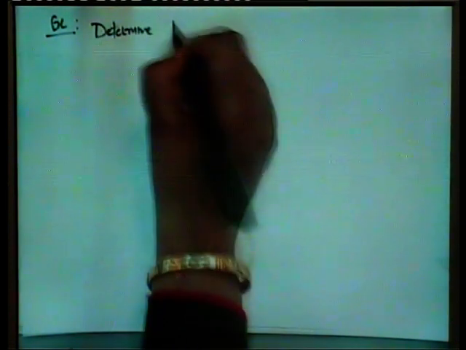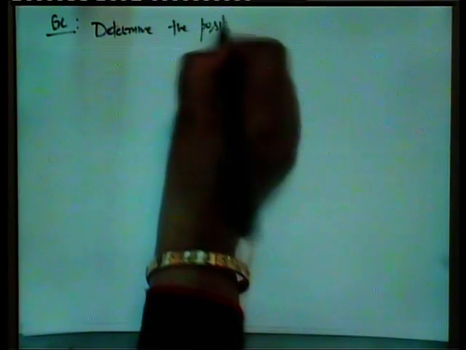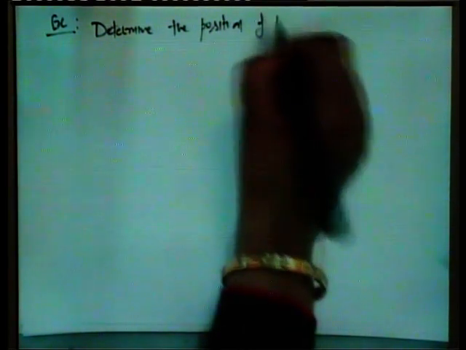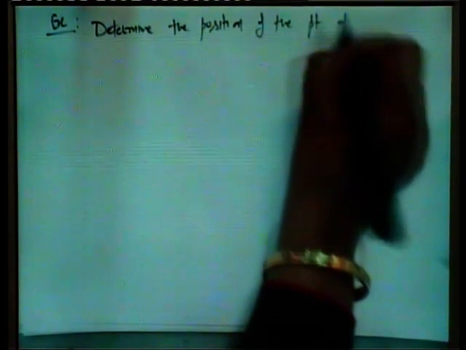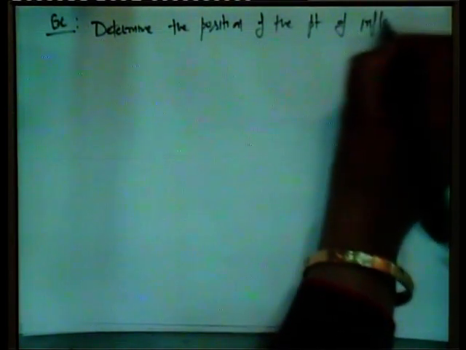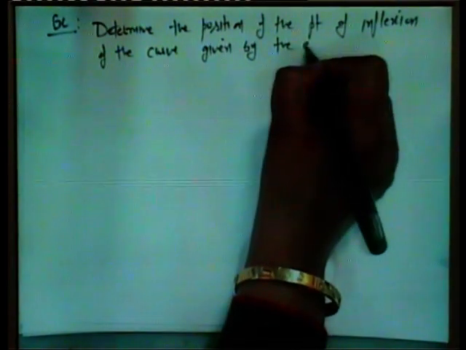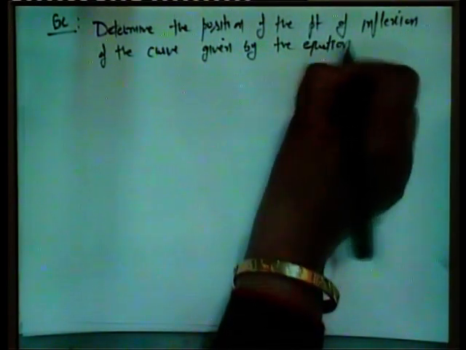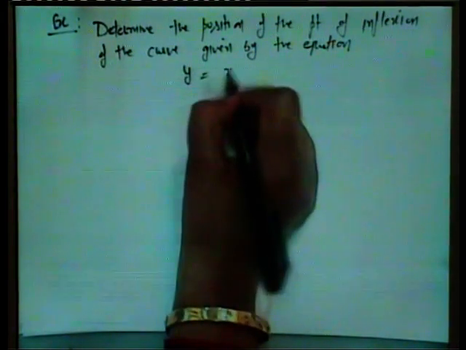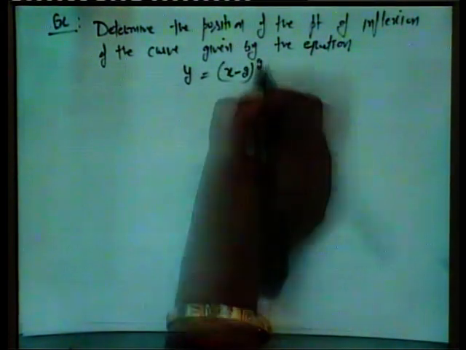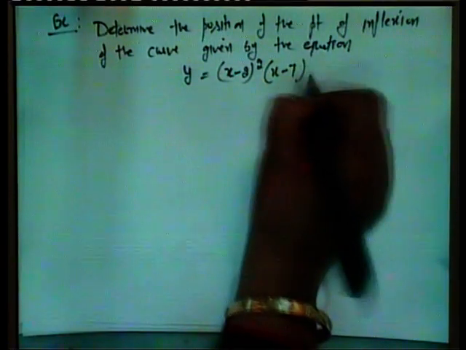Determine the position of the point of inflection of the curve given by the equation y is equal to (x minus 2) square into (x minus 7).